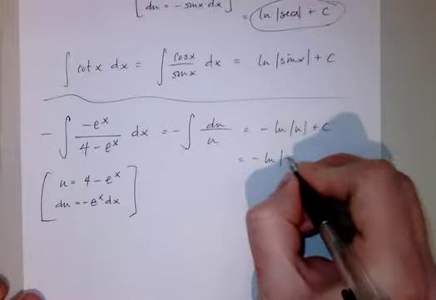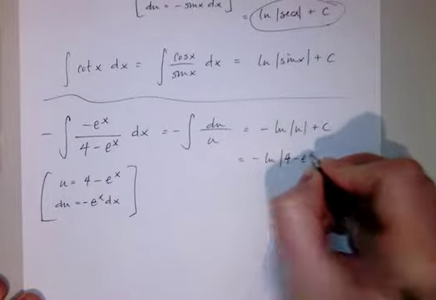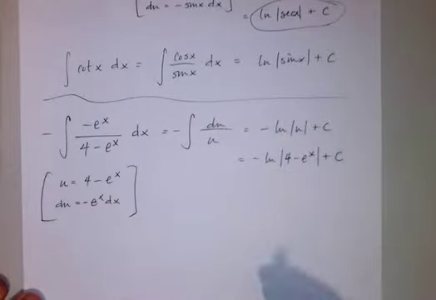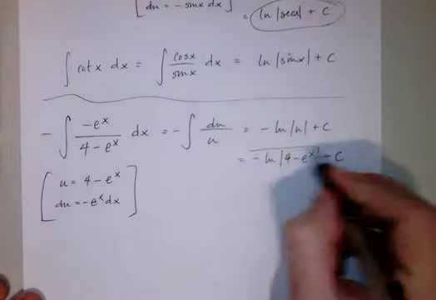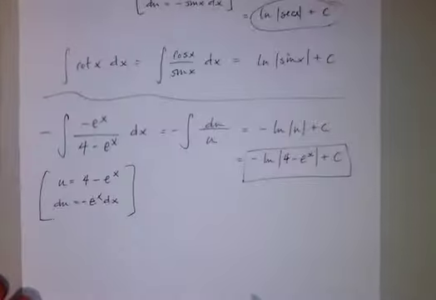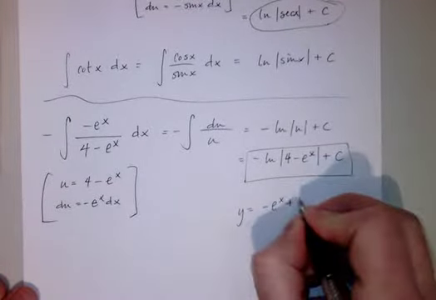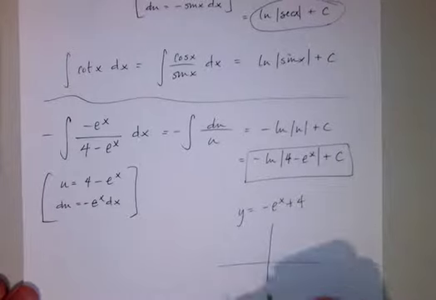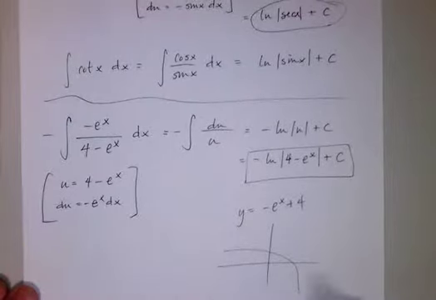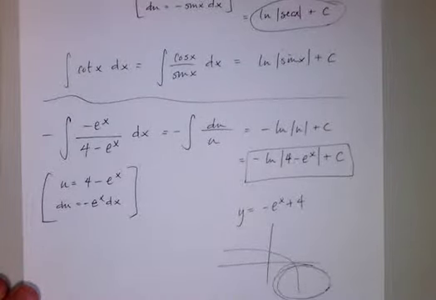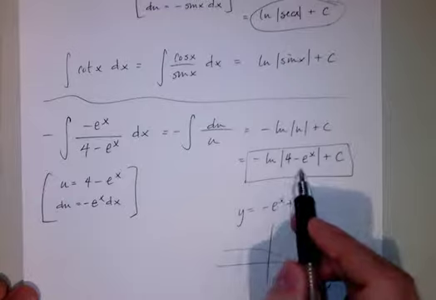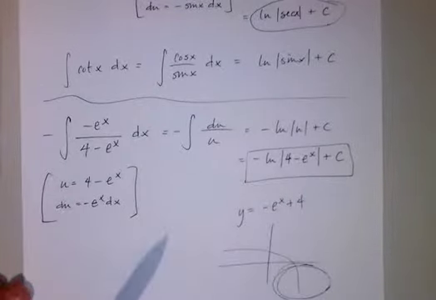And you do have to keep the absolute value bars here, because 4 minus e to the x is negative e to the x plus 4. So there actually is an area where that can be negative, and therefore you do need the absolute value bars. But that would be your integral right there.